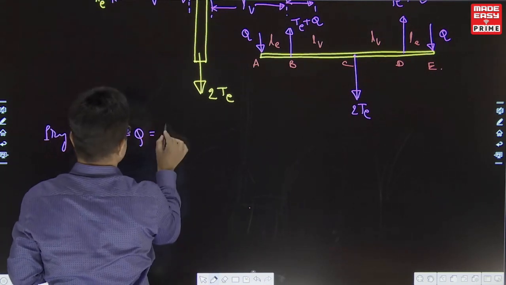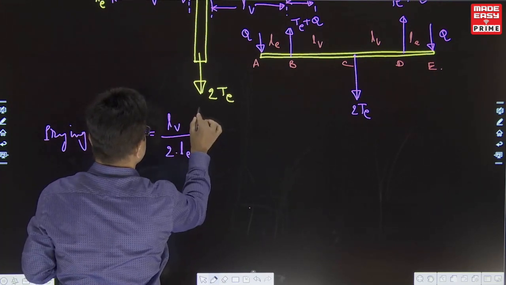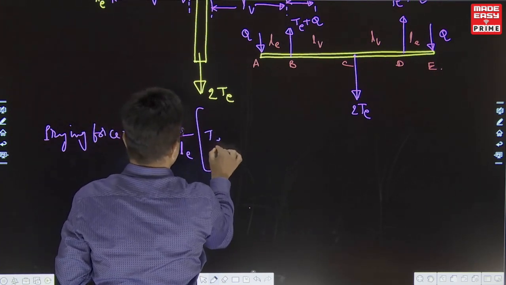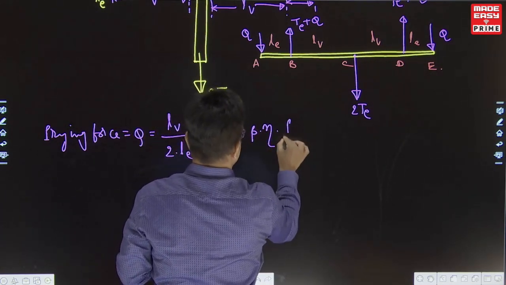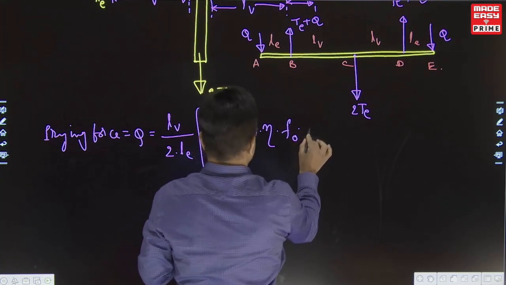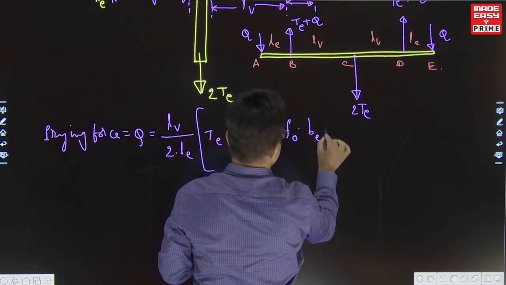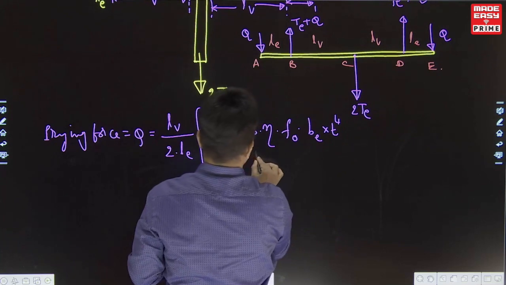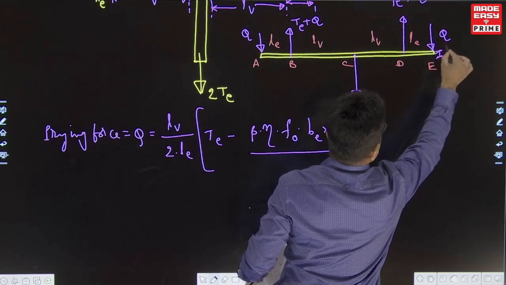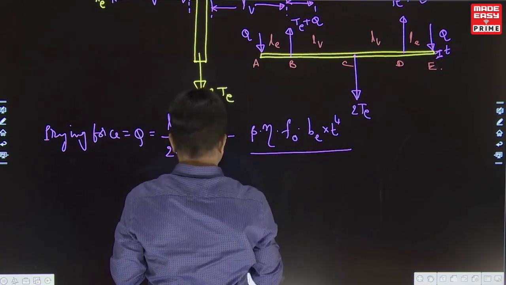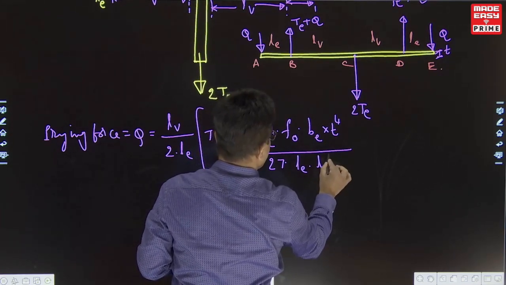Q is equal to LV by 2 LE multiplied by TE minus beta into eta into F0 into the effective width of the plate, which is the length of the plate in the perpendicular direction, times the thickness of the plate to the power 4, divided by 27 into LE into LV square.